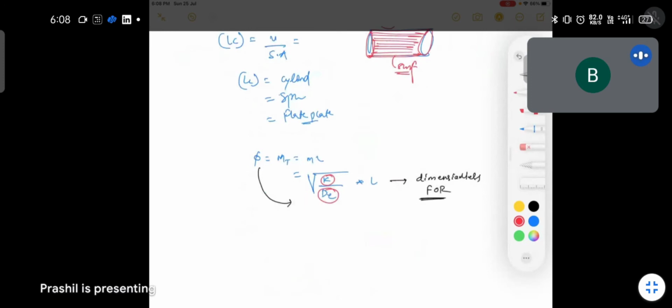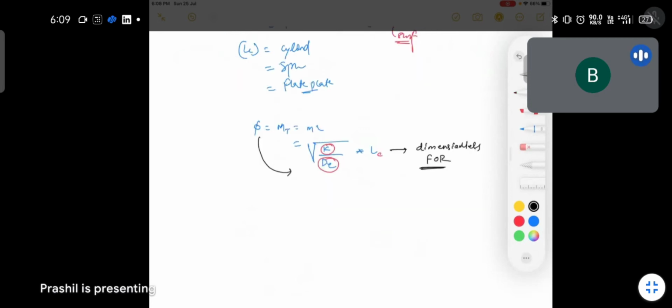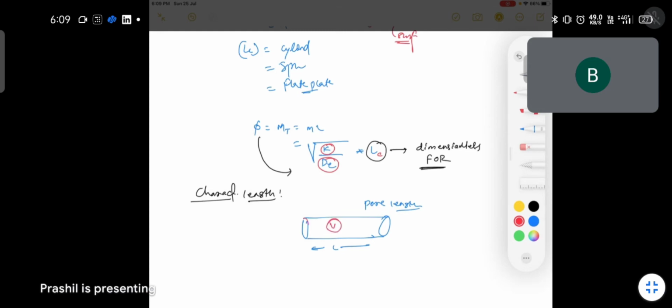Now in today's class we'll have some different formulas. Here you can see LC is your characteristic length. Suppose this is the volume of a PFR or the volume of your pore, having length L. Suppose this volume is V total, and there is an area by which there is reaction.